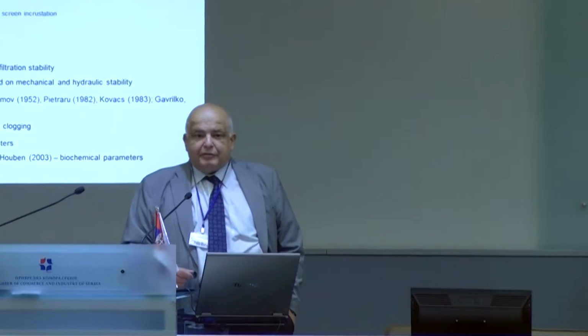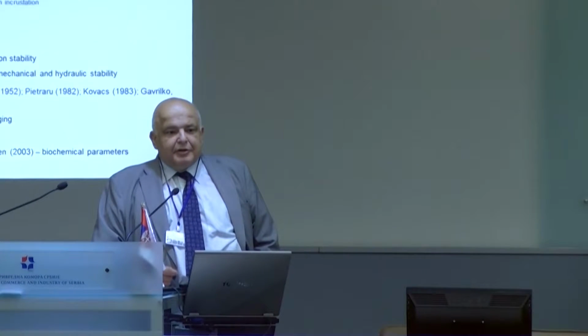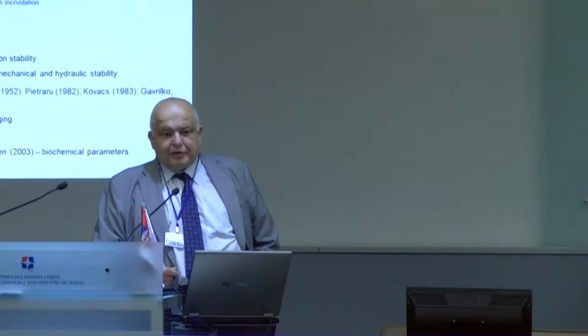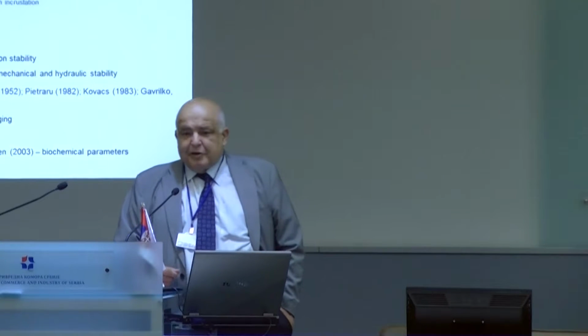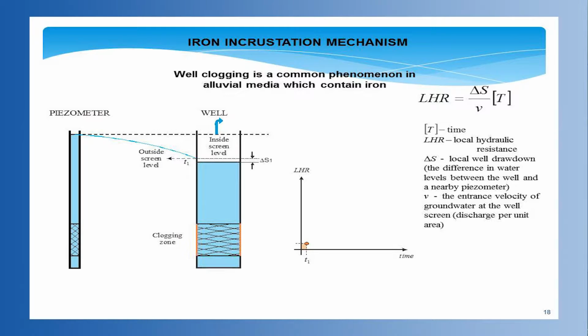But what is new here is that we try to join the hydraulic head on the water well screen and biochemical reactions. Here we introduced the parameter local hydraulic resistance, the difference between outside and inside screen piezometric head divided by entrance velocity, a very reasonable parameter. The dimension is time, and it shows the rate of clogging.